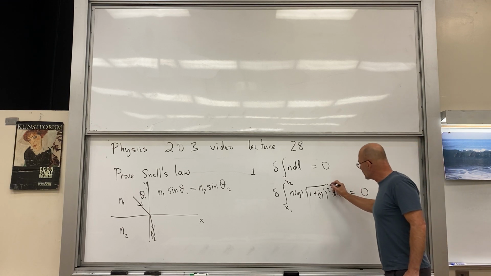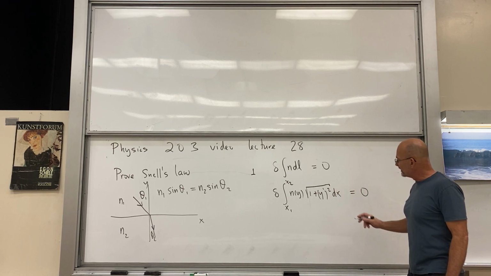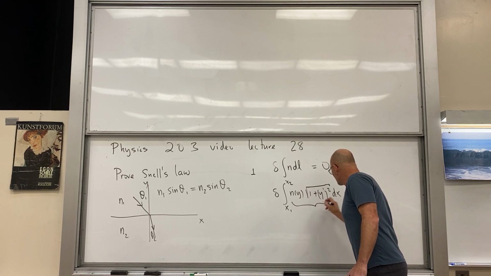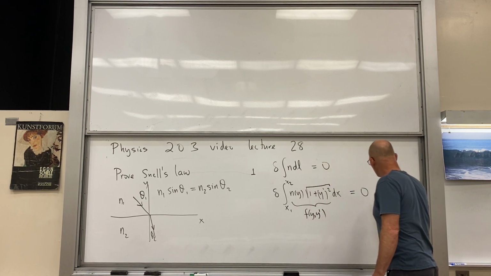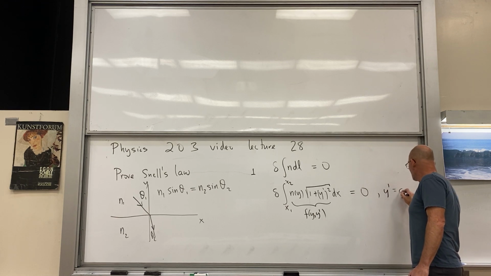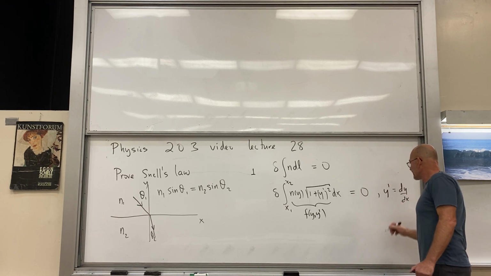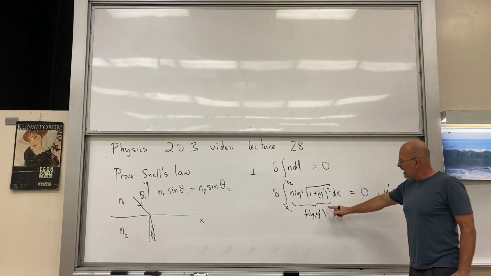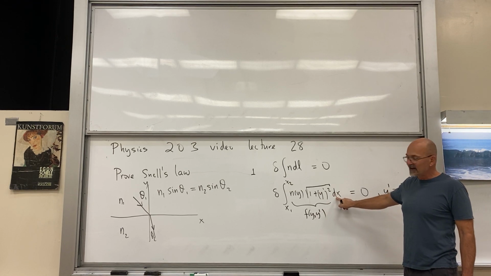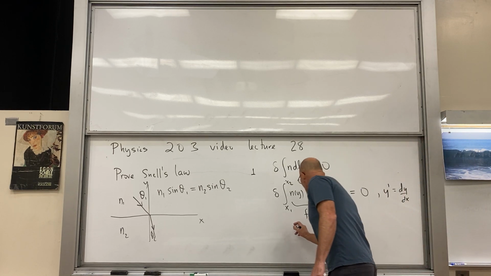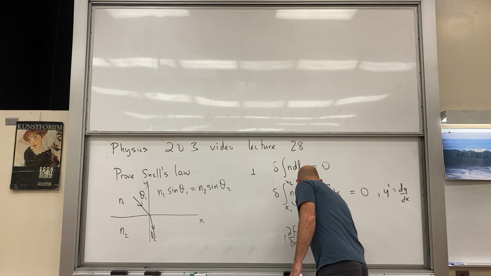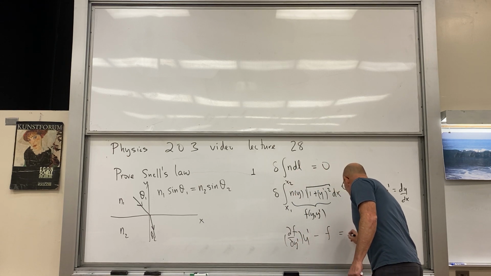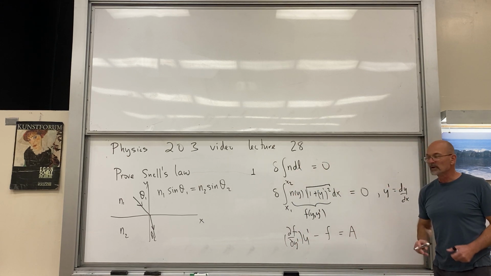This has the form of f of y and y prime, not explicitly x, and we remember that we can write df/dy prime times y prime minus f is equal to some constant. That's our Euler's second form.